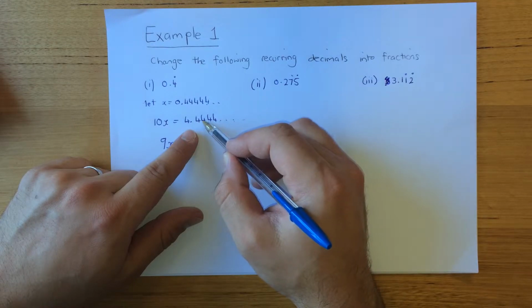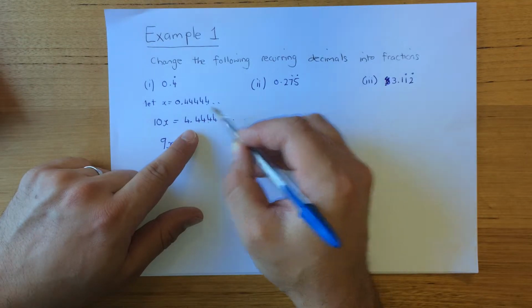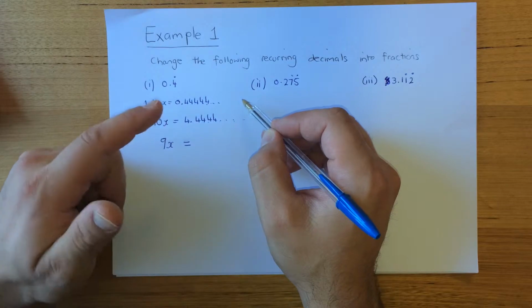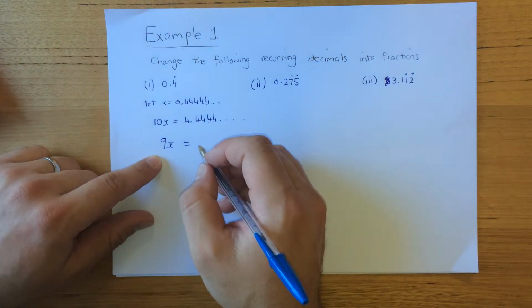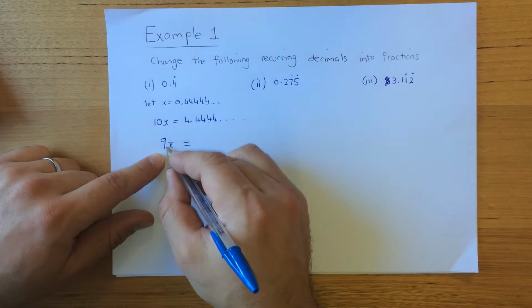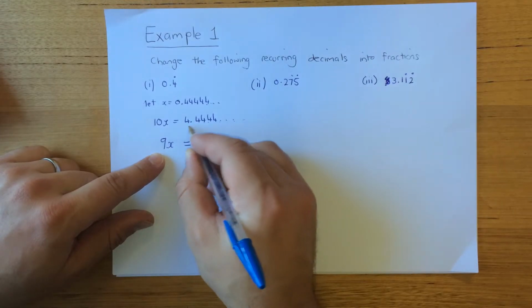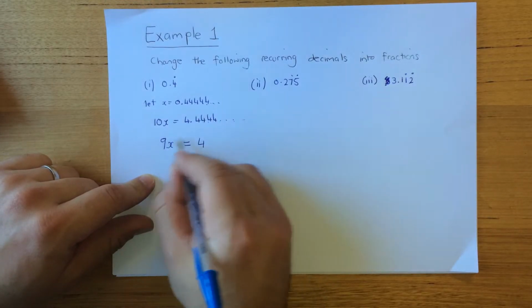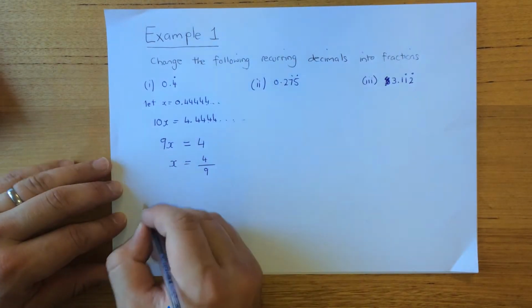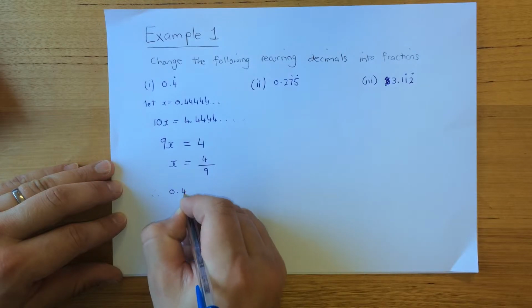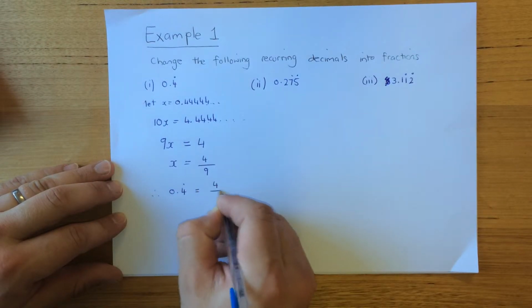So if you do 4444444 8 times, make sure you do this 44444 8 times, or 10 times, or 11 times, whatever you do. Once you do that, you do get 9x equals 4. If we solve for this, x equals 4 over 9. Therefore, 0.4 recurring is the same as 4 over 9.